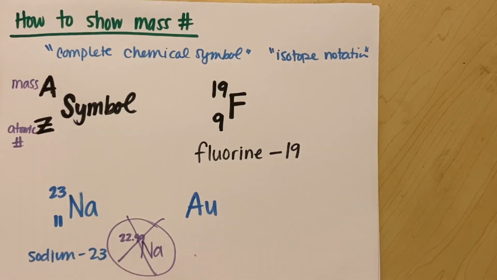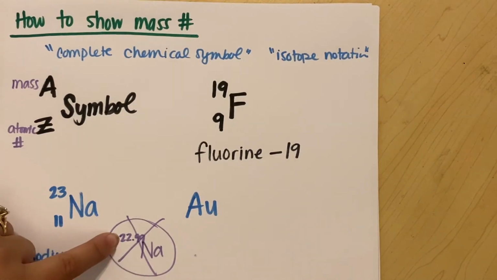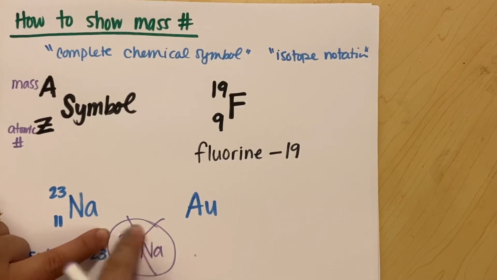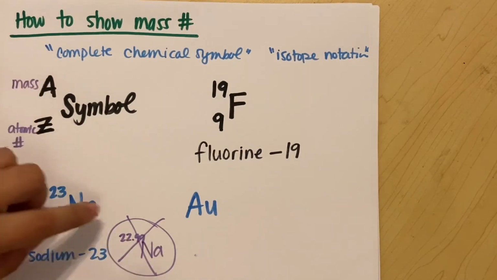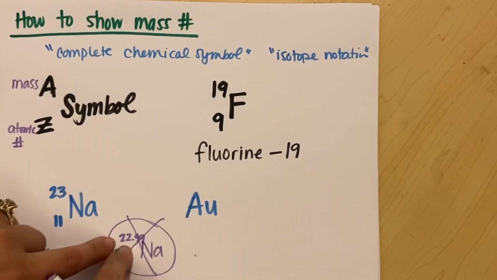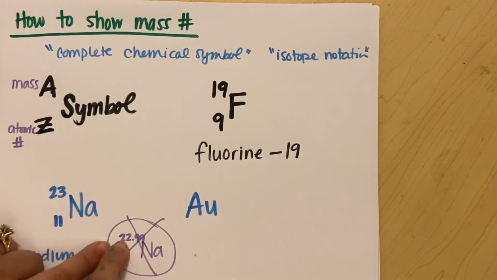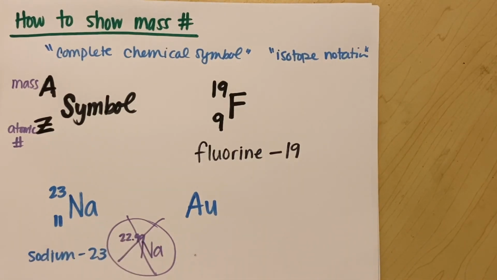I promise I will mark you off if you do this, because if you put your average atomic mass, you're telling me you don't understand the concept of what mass is. Because mass is a proton plus a neutron. So I can't have 0.99 of a proton. I can't have 0.99 of a neutron. It has to be a whole number. Good, so don't fall into that trap.